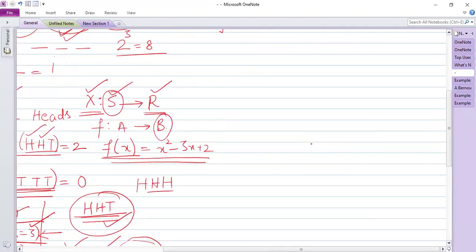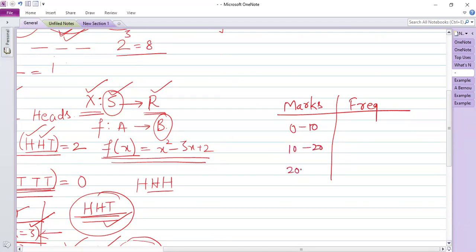So we used to have some data, say some marks, and on this side the frequency: say between 0 to 10, 10 to 20, 20 to 30. This is just an example. Here say it is 5, say 4, say 2. Such tables, we call them frequency distribution tables.